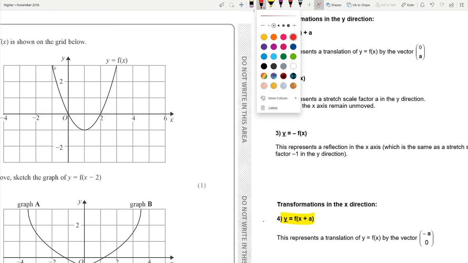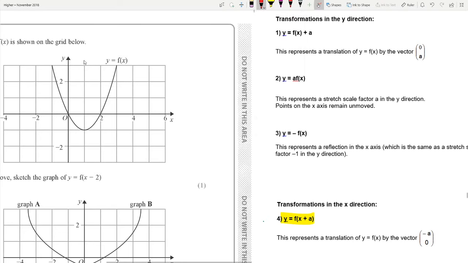So this point here from minus 1 goes to positive 1. This point here from 3 is going to go to 5. And this point here from 1 will go to 3.